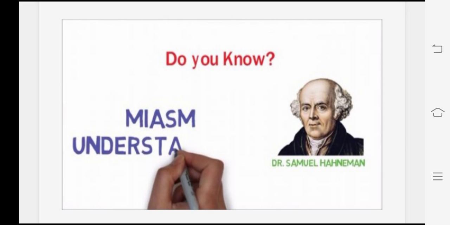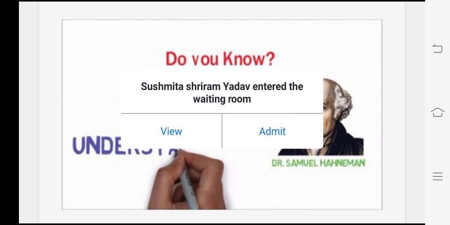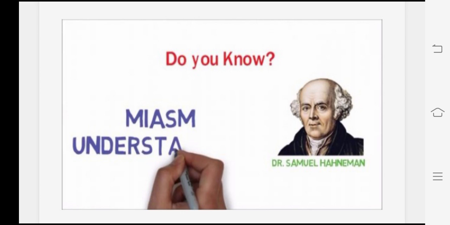Then the non-recurring or fixed acute miasm is that which attacks a person only once in a lifetime, and that may be smallpox, chickenpox, or whooping cough. These are the examples of non-recurring or fixed acute miasm. That is, if you have smallpox once in a lifetime, it cannot recur after the episode is completed.